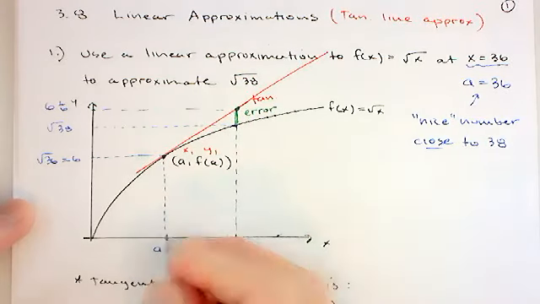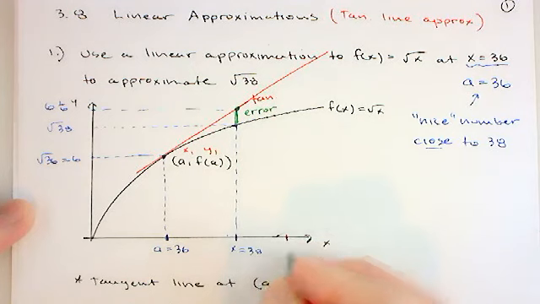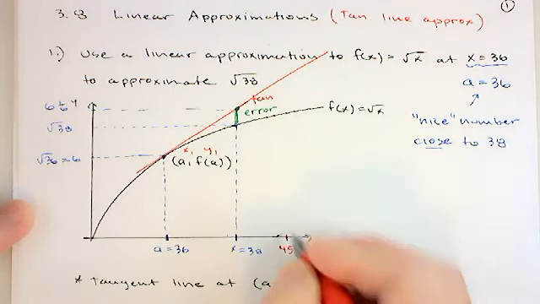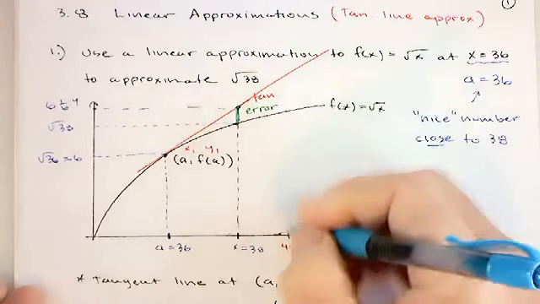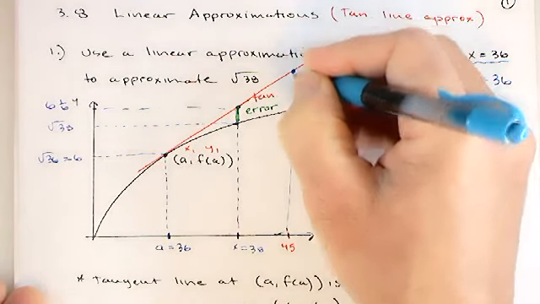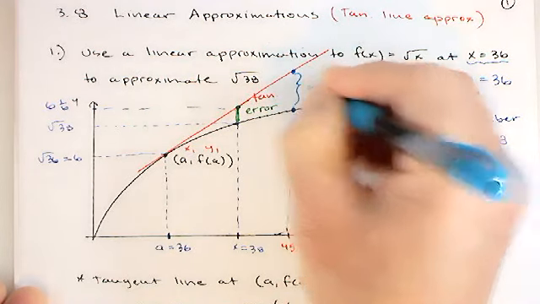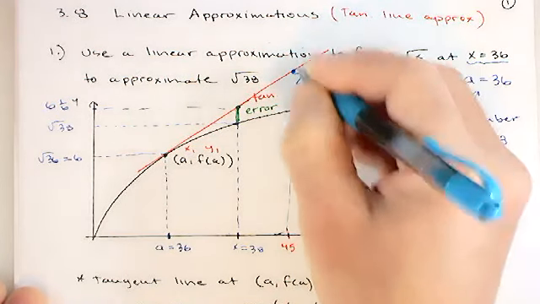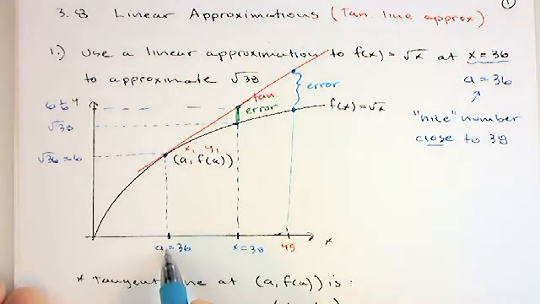So if I had tried to approximate, back on problem number 1, the square root of, I don't know, 45 or something like that, then my tangent line approximation is really far from the actual value. And you can see that my error gets a lot larger the further I am away from my nice value where I construct my tangent line.